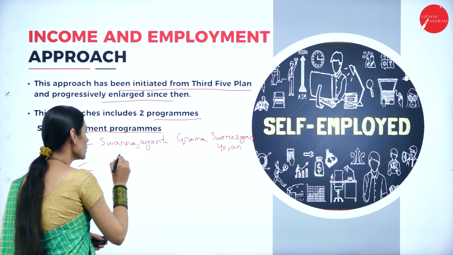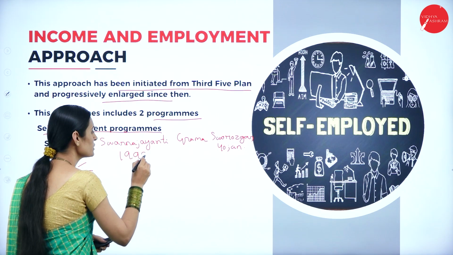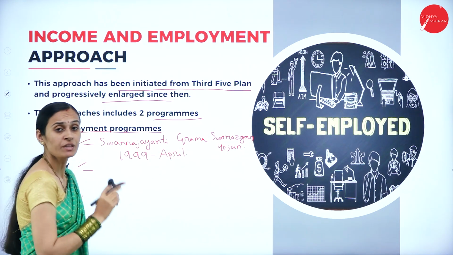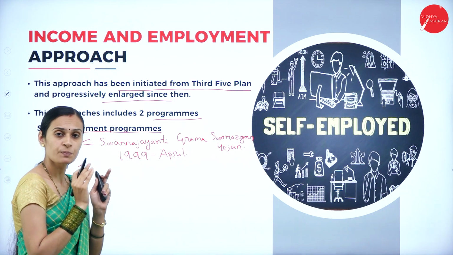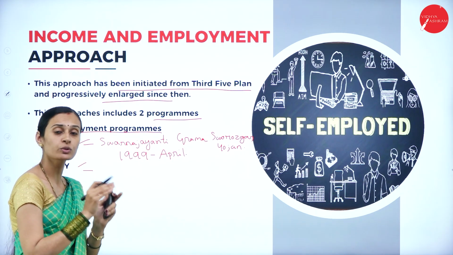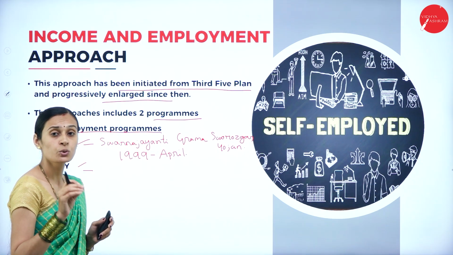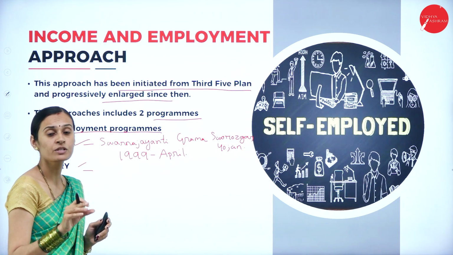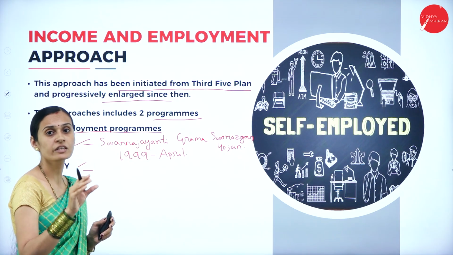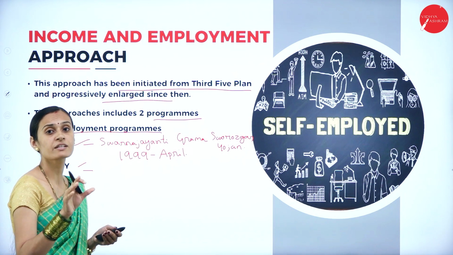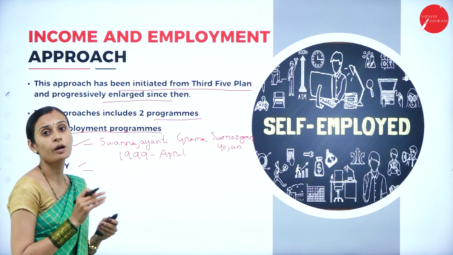This plan was launched in April 1999. This program provides financial assistance through self-help groups. Members of self-help groups can get loans at a very low rate of interest for purchasing the required infrastructure for their self-employment work.